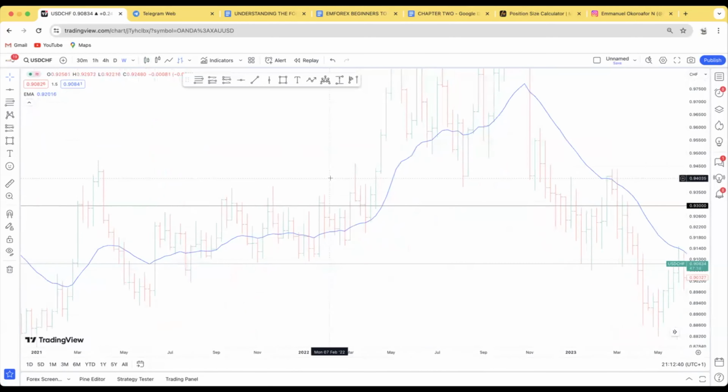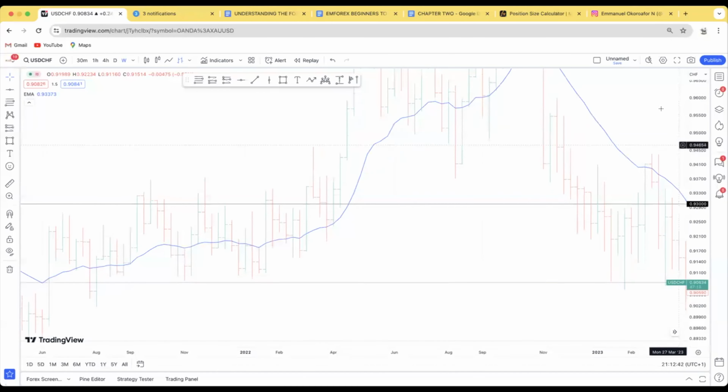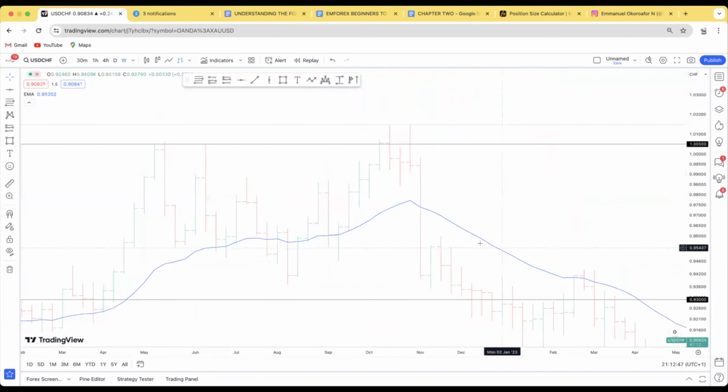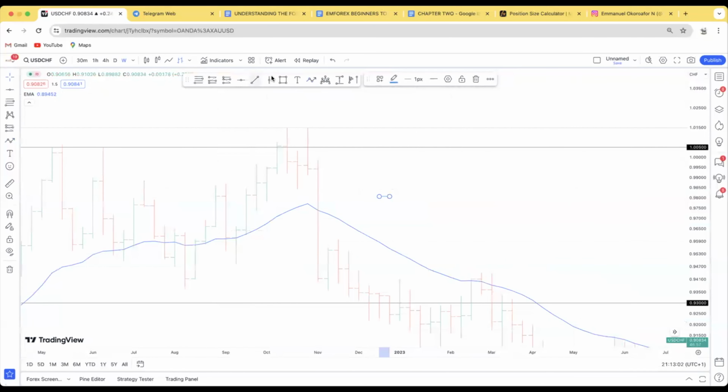Now what they do here is give an account of the opening price. For a bullish candlestick or a bullish bar chart, we have the opening price below and the closing price above. So you see this dash that comes out from this side.